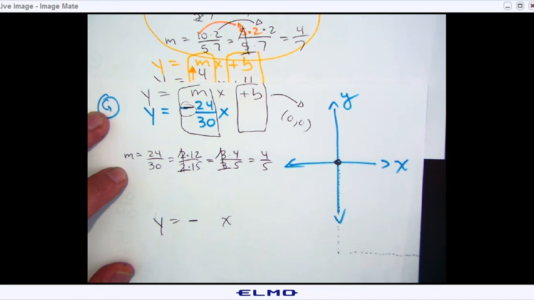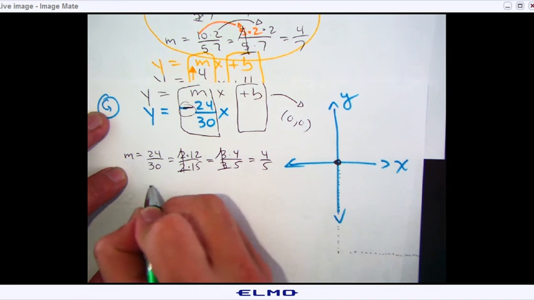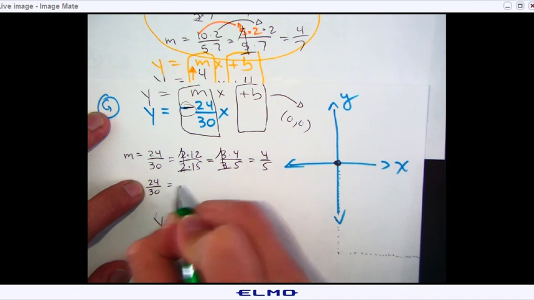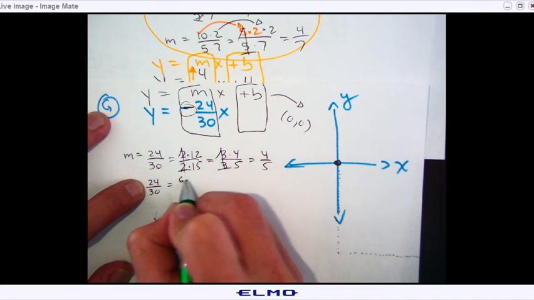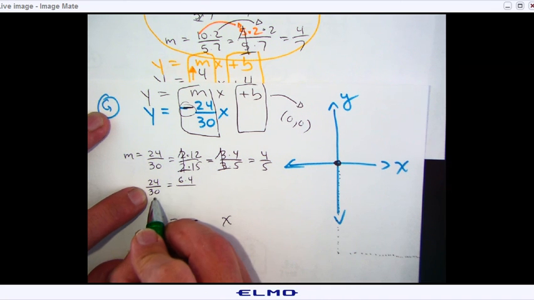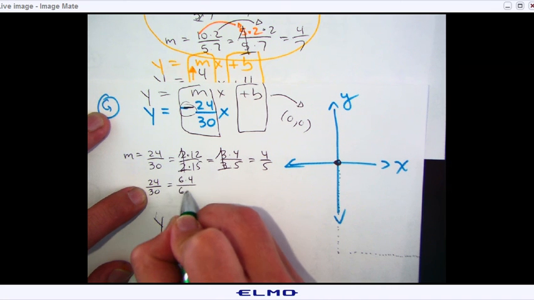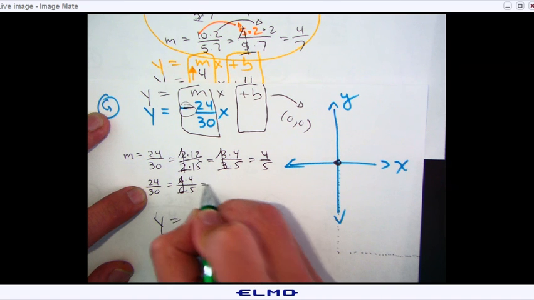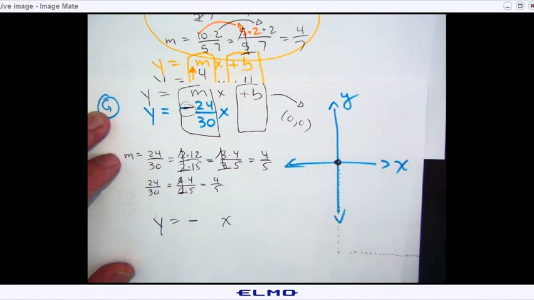Good job. See, you could have done it a different way, right? 24 over 30. I could have done 6 times 4, and 30 is 6 times 5, right? There's your 4 over 5. Same thing. Oh, I could have divided. What'd you divide by?